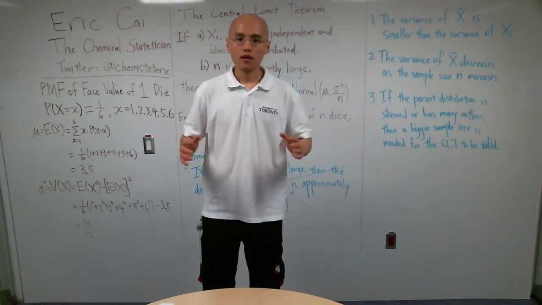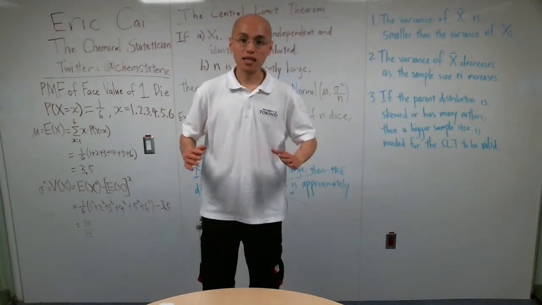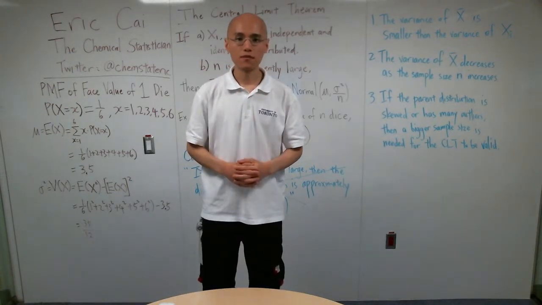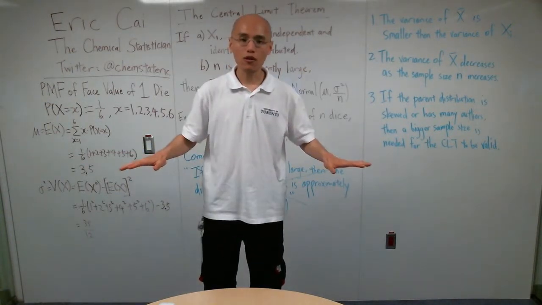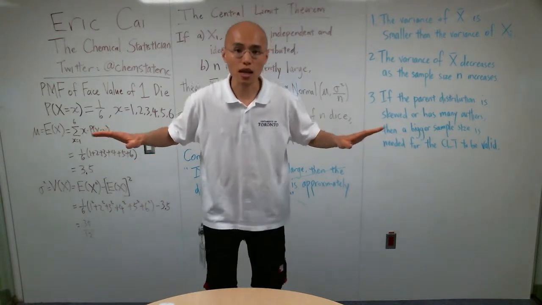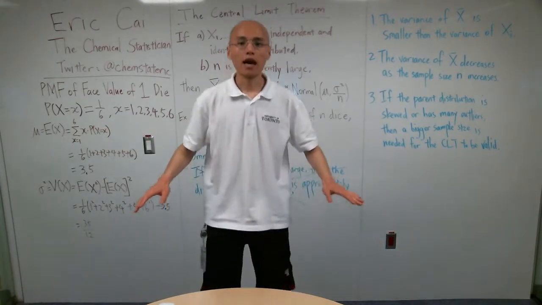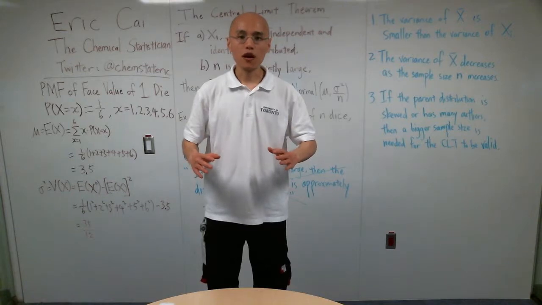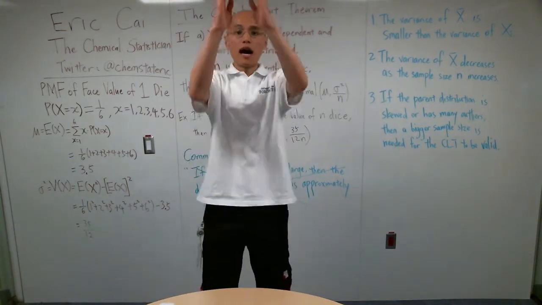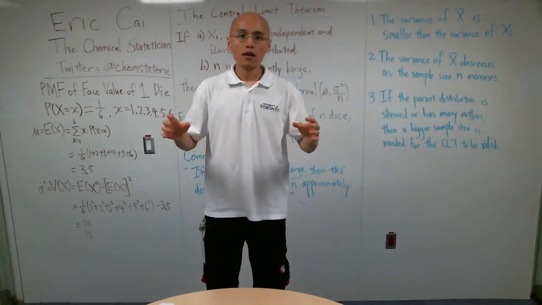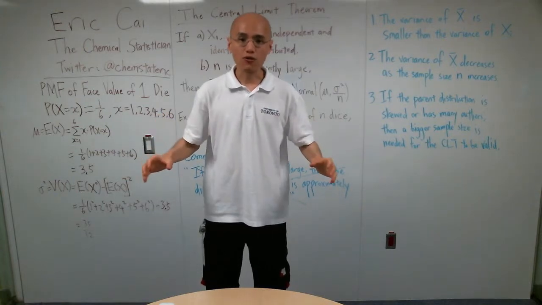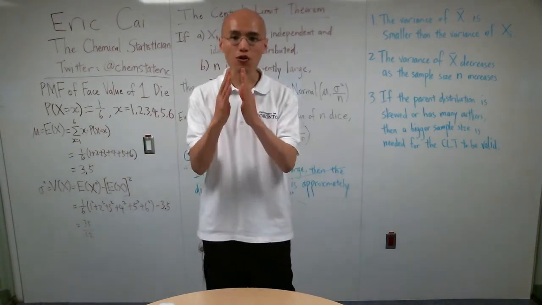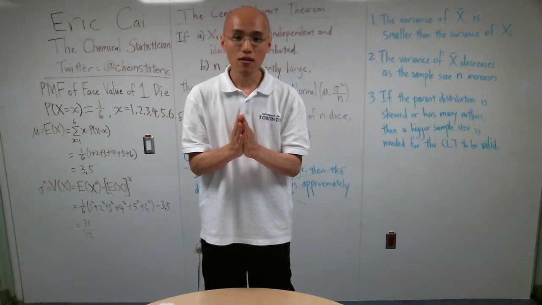Well, that shape is going to get skinnier and taller. And that's because the proportion of the extreme values is going to get lower, and the proportion of the middle values is going to get higher. The middle values are bunching closer and closer towards the middle.